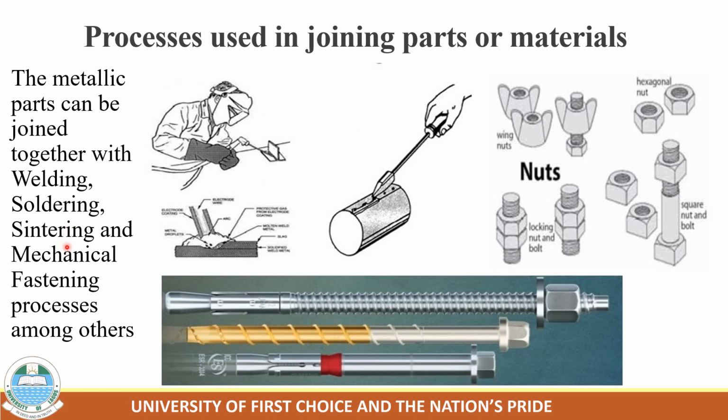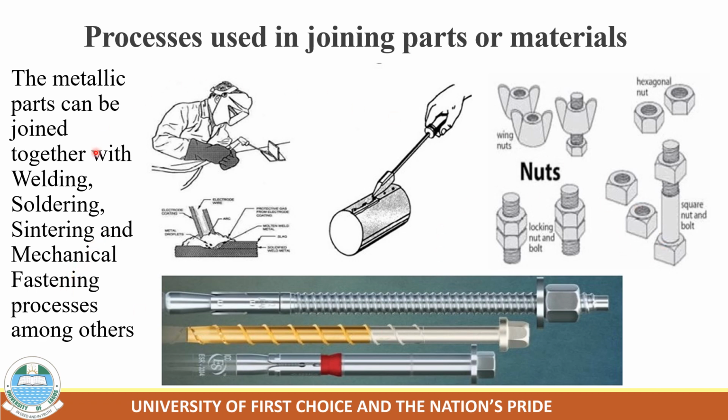An example of sintering is when you have particles of metals or iron filings, there are many, and you can make them into a single metal stock material. You compound all the iron filings, all the particles, together in a mold to form a single metal. So sintering is part of the methods of joining metals together, and mechanical fasteners are this one.